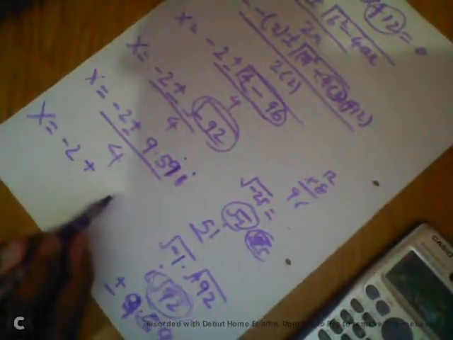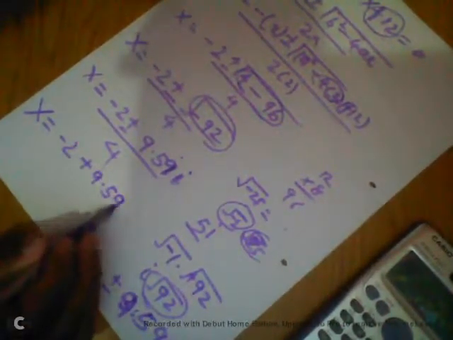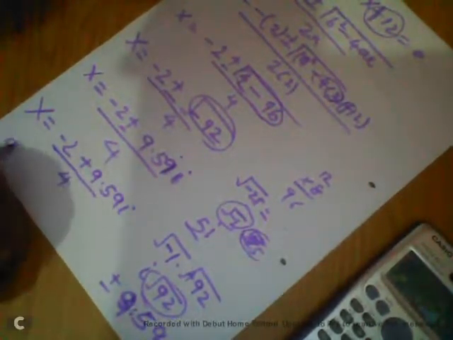So now we know these roots are not going to be real roots, they're going to be imaginary. But let's see if they are equal or not equal roots. So x equals negative 2 plus 9.59i over 4, or x equals negative 2 minus 9.59i over 4.